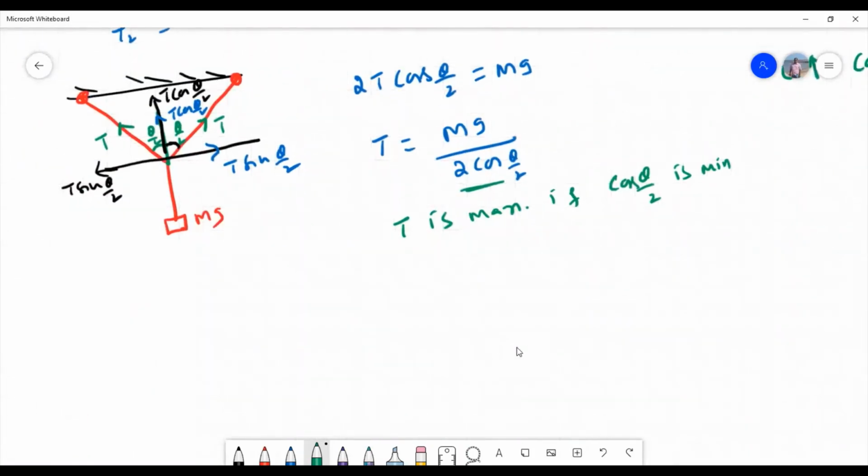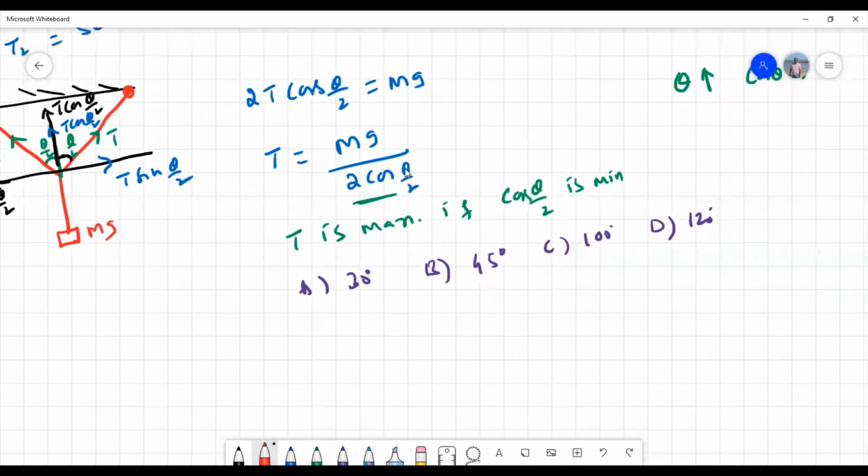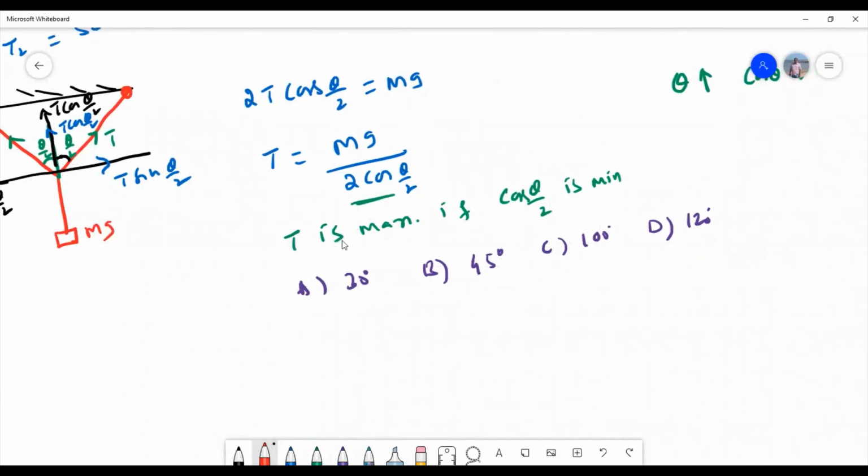For this problem, for example, the options are given like A 30 degrees, B 45, C 100 degrees, and D 120 degrees. So just by looking at the options, you need to come to the conclusion. As I said, when theta is maximum, T is maximum.